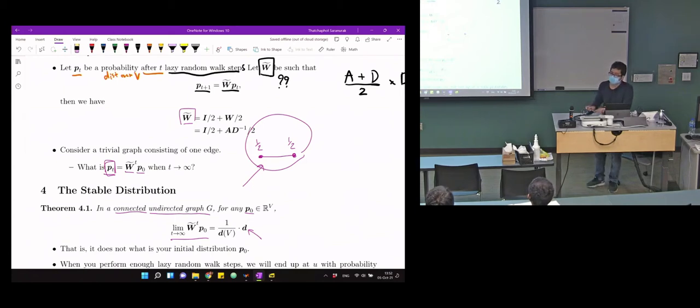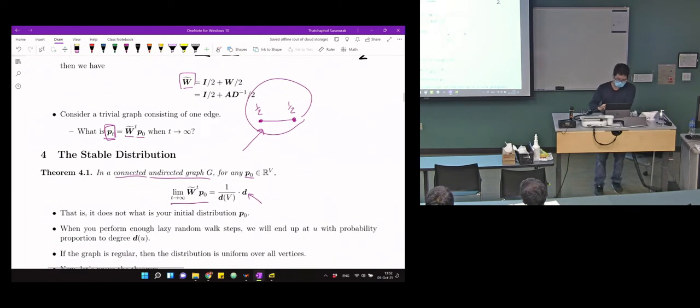So it really doesn't matter what your initial distribution is. After long enough, you will end up at U with probability proportional to its degree.